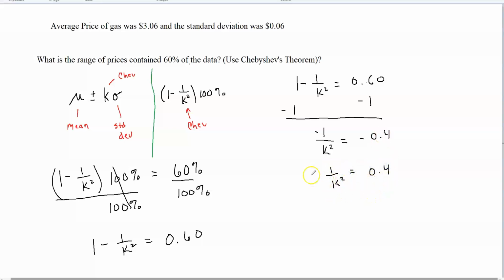And now you can multiply both sides by k squared. What you're going to get is 1 is equal to 0.4 k squared. And so you've got to solve this again. You're going to divide both sides by 0.4.